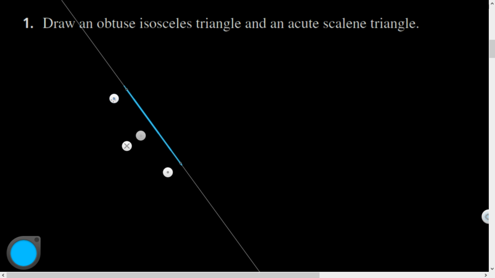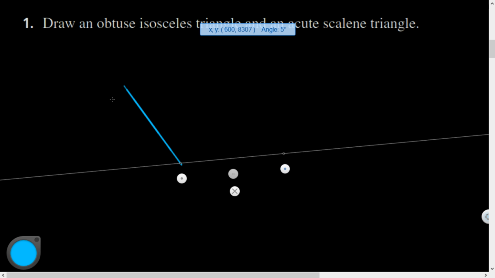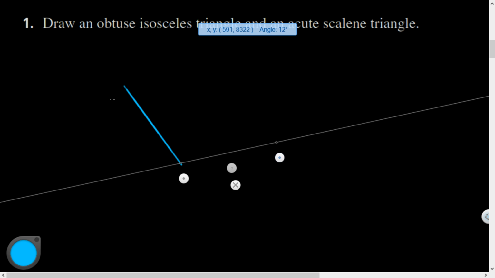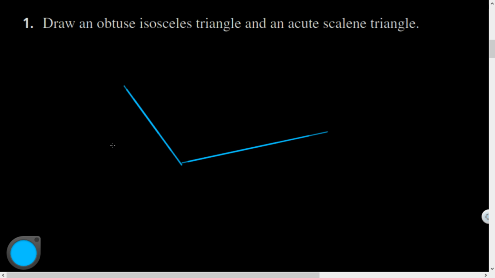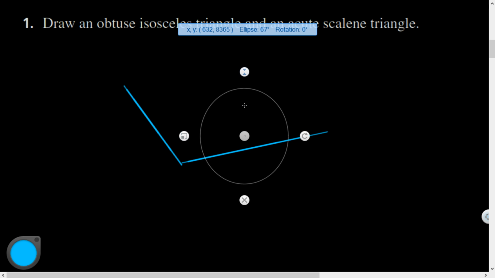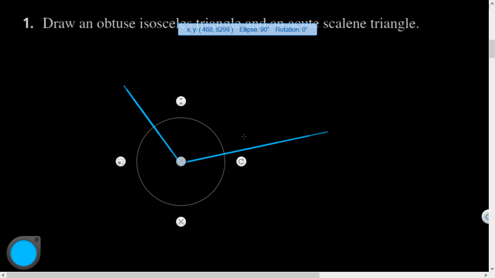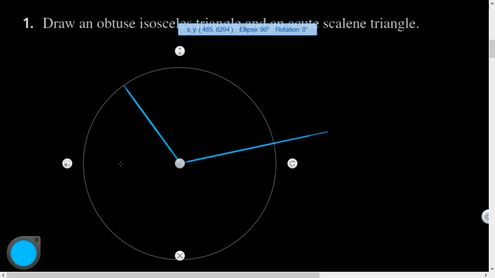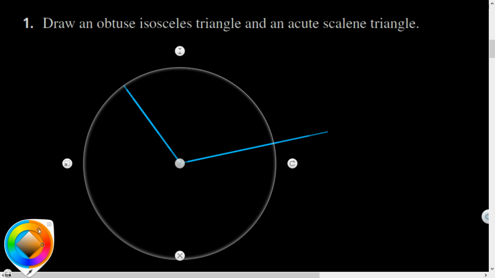If it's obtuse, that means the angle's got to be bigger than 90, which looks like 90 would be about there. So let me make it a little bit bigger. Now, what I could do is swing. Whoa! I've got to turn this into a circle and not just an ellipse. Oh, that was right on. There we go. You could have used a straight edge or something, but I'm just going to do one of these.